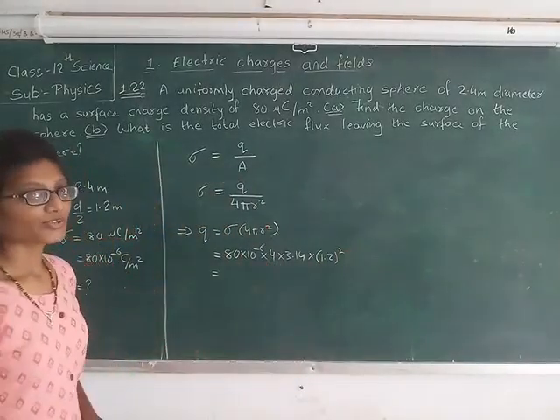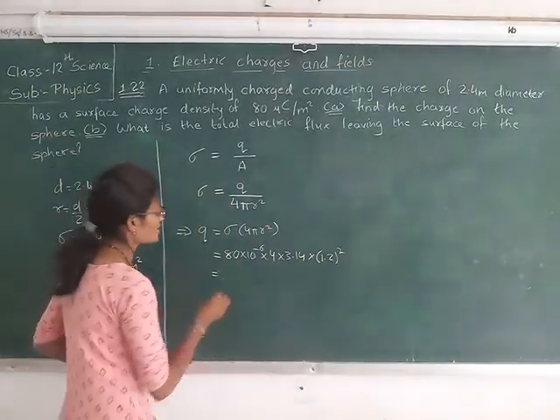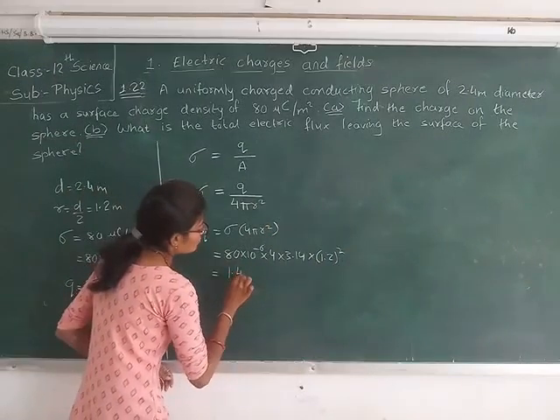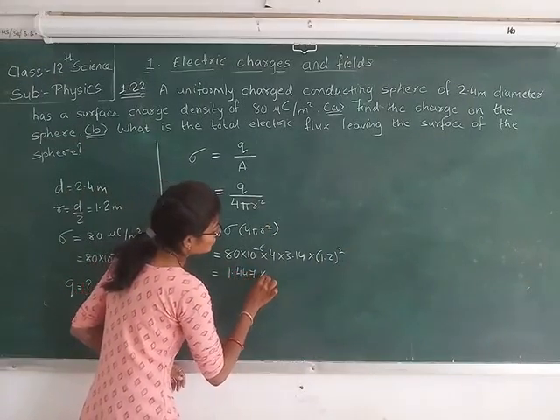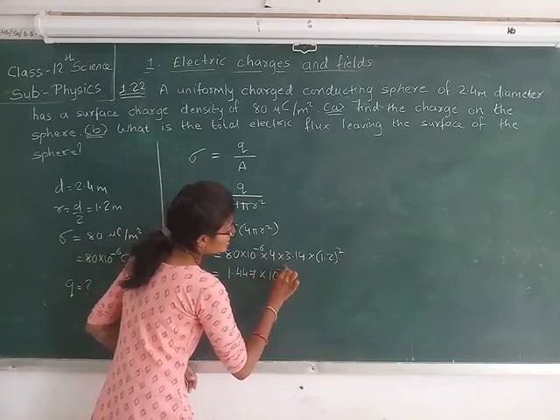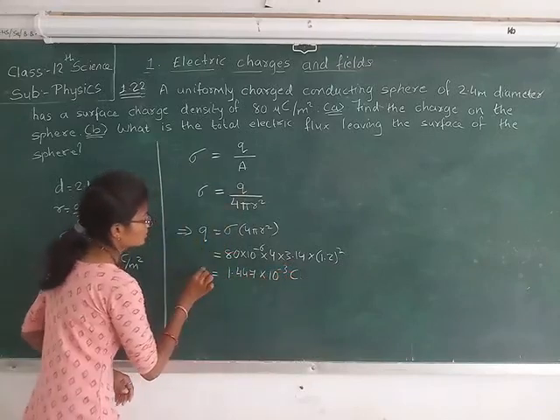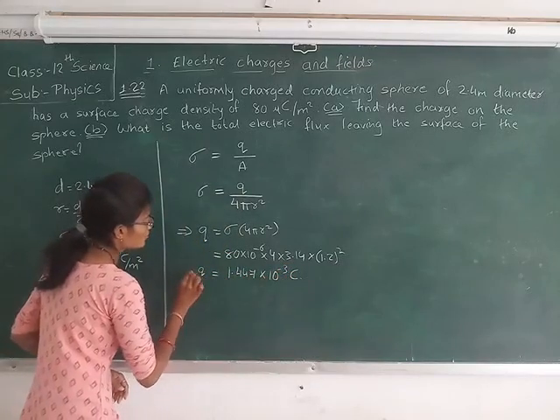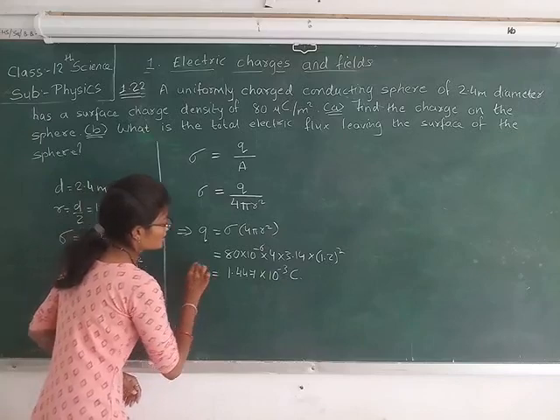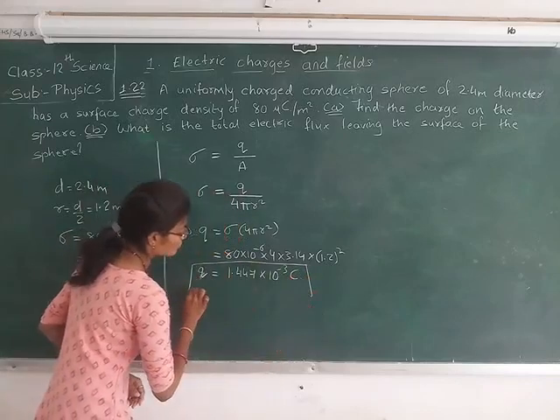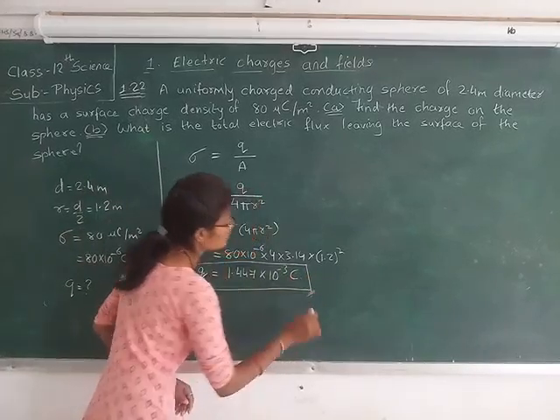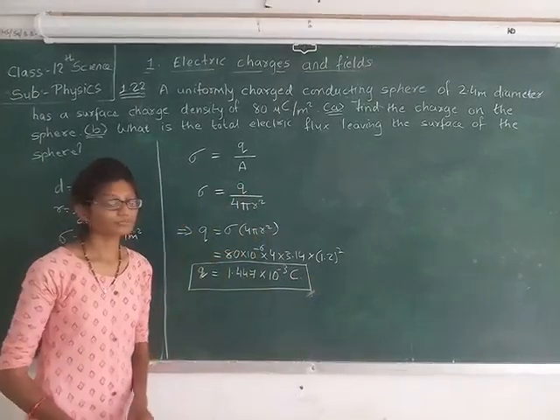Now when we calculate this, we get the value as 1.447 into 10 raised to minus 3 coulomb. So the value of charge is 1.447 into 10 raised to minus 3 coulomb.